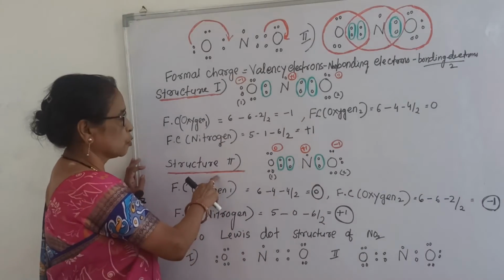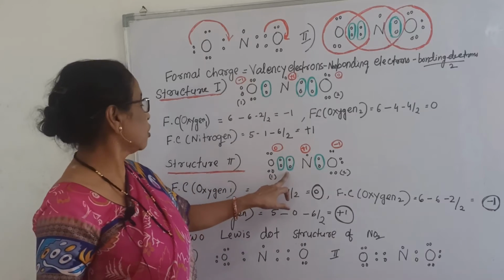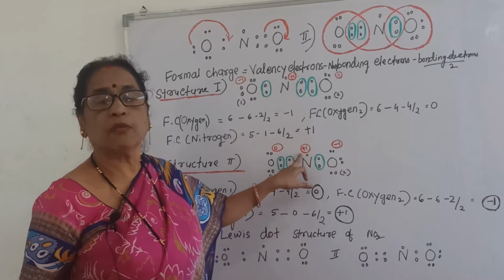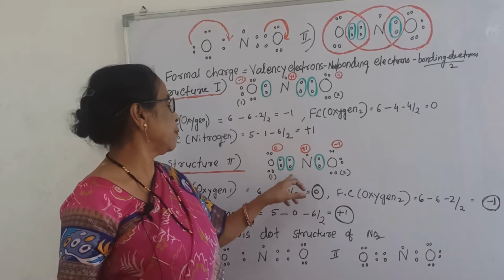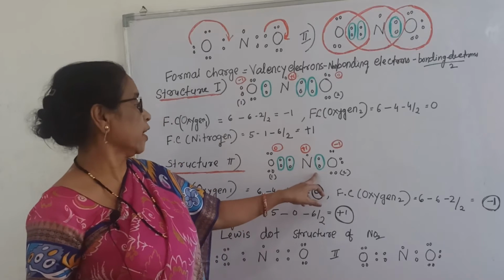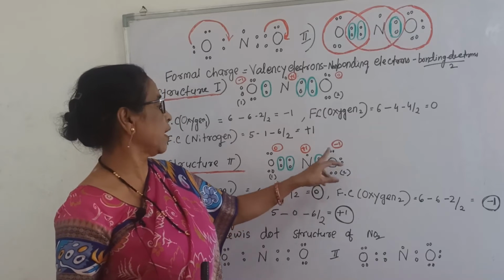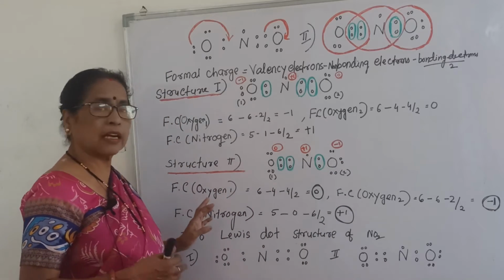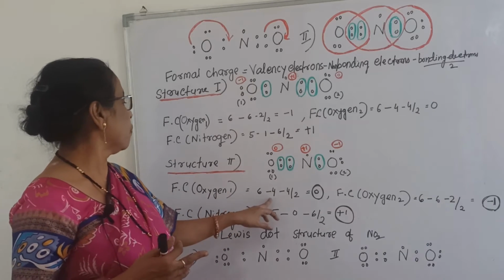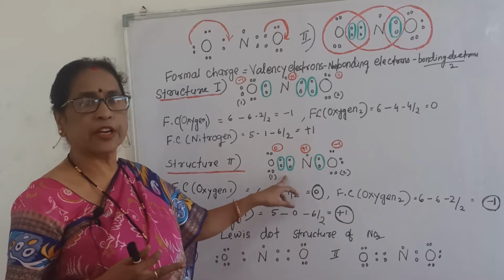In structure 2, the first oxygen has 4 bonding electrons and 4 non-bonding electrons, and nitrogen has 1 non-bonding electron and 3 pairs of bonding electrons, in total 6 bonding electrons. And for oxygen 2, only 2 bonding electrons, whereas 6 non-bonding electrons. Let us calculate the formal charge of oxygen 1. 6 valence electrons, minus 4 non-bonding electrons, minus 4 by 2, where 4 is the bonding electrons.